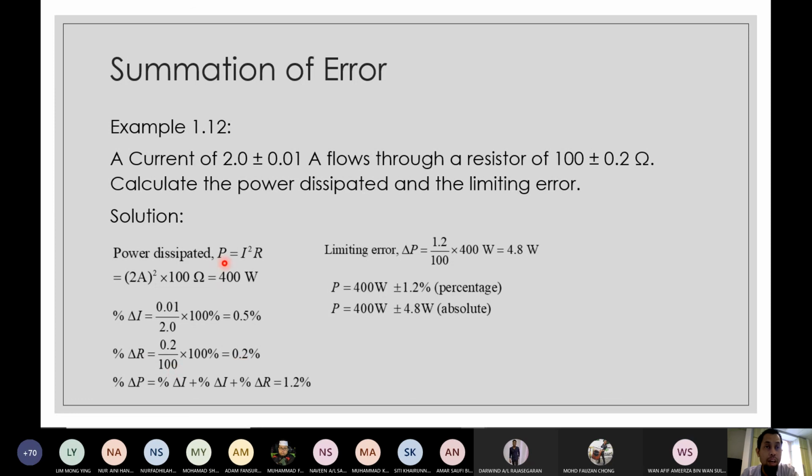So since the equation is P equals I squared R, we have I multiplied by I multiplied by R. So for the error, we add them together: delta I plus delta I plus delta R. So we have 1.2%. So we can write the power dissipated either in percentage, 400 watts plus minus 1.2%, or in absolute values, 400 watts plus minus 4.8 watts.